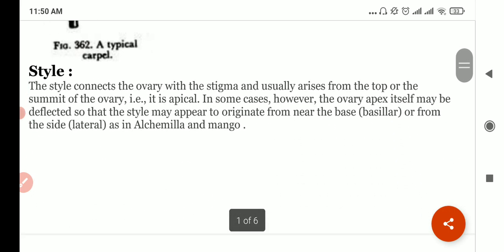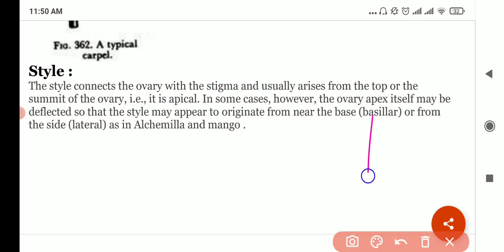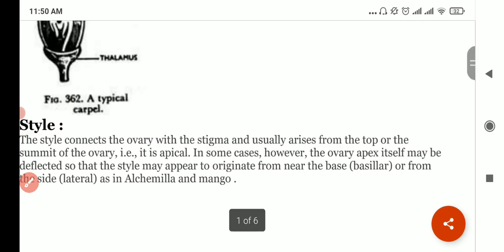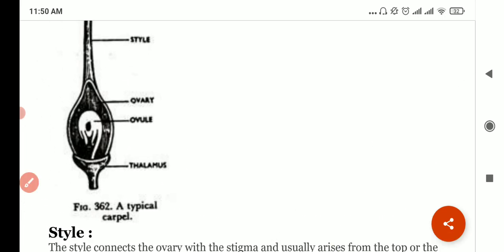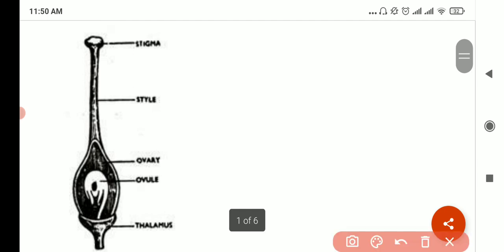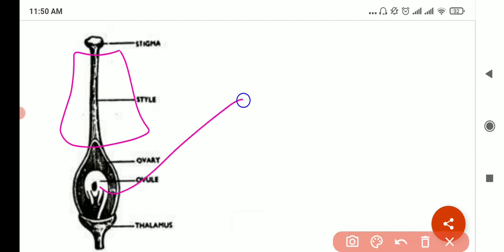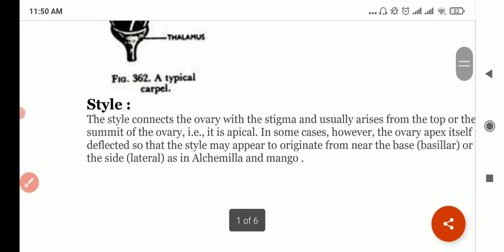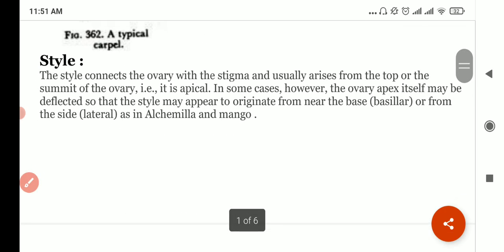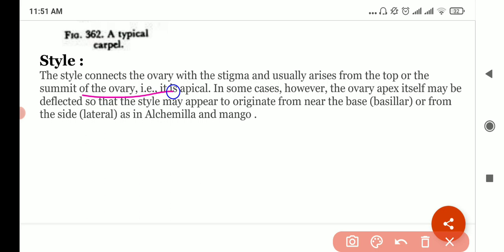Okay, now let's look about the style. It connects the ovary to the stigma. Okay, so here this style, you can see, no, this style, it connects the ovary and the stigma. And it arises from the top or the summit of the ovary.